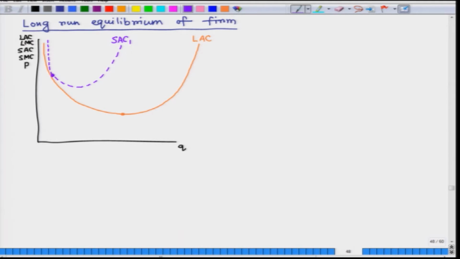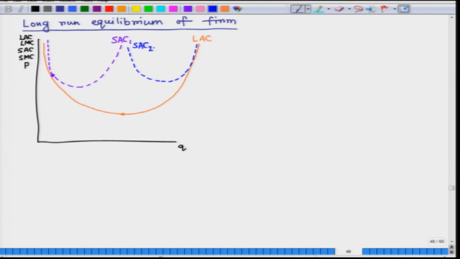Now, there will be another larger plant size, for which I will have another short run average cost curve like this, and I write this as SAC2.